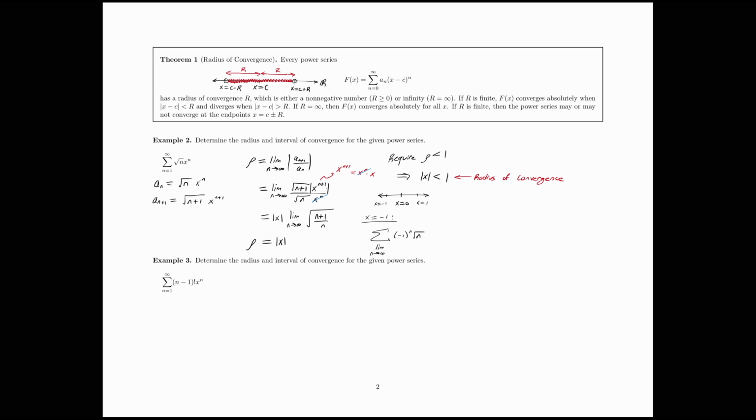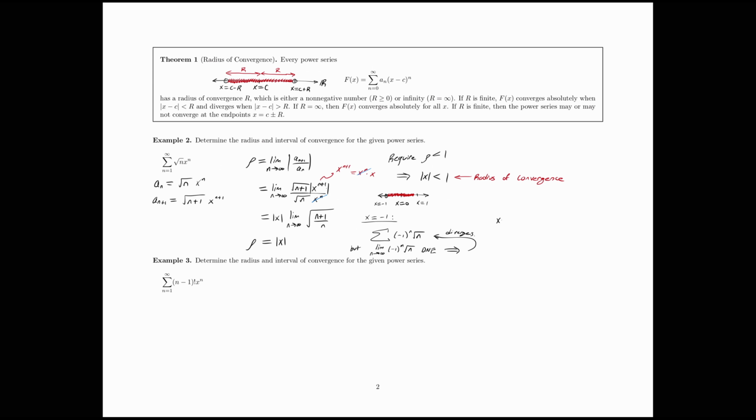This series term, if we look at the sequence term, -1 to the n root n, this limit here does not exist, and therefore by the divergence test, this series diverges. So we actually have divergence at the endpoint. So we are not going to include -1. We're going to leave that as an open circle. So I'll shade the rest of this in.